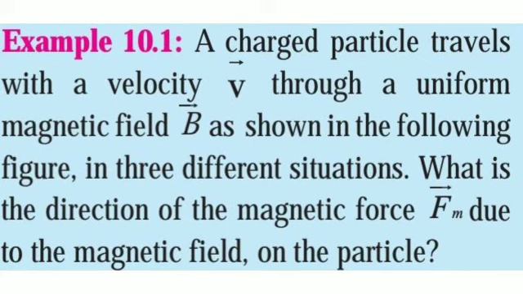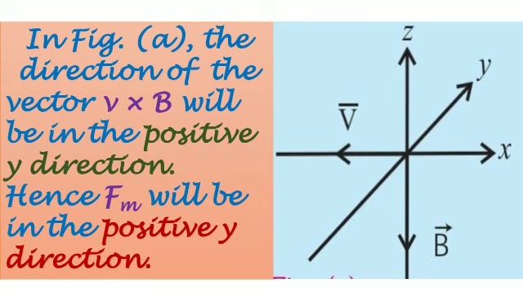Let's discuss it one by one. So here in figure A, the direction of V cross B will be in the positive y direction. Hence the magnetic force Fm will be in the positive y direction.